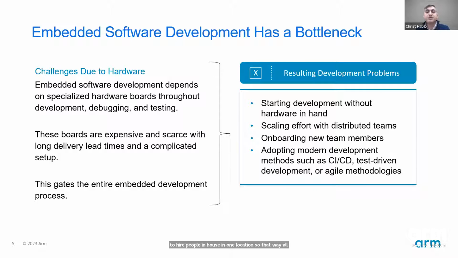Really, what becomes the solution here? And lastly, but most importantly, I think what dependence on hardware really restrains embedded software developers with is the ability to adopt more modern development methodologies, such as test-driven development, integration to CI/CD, and being more agile and flexible with how you do your work.